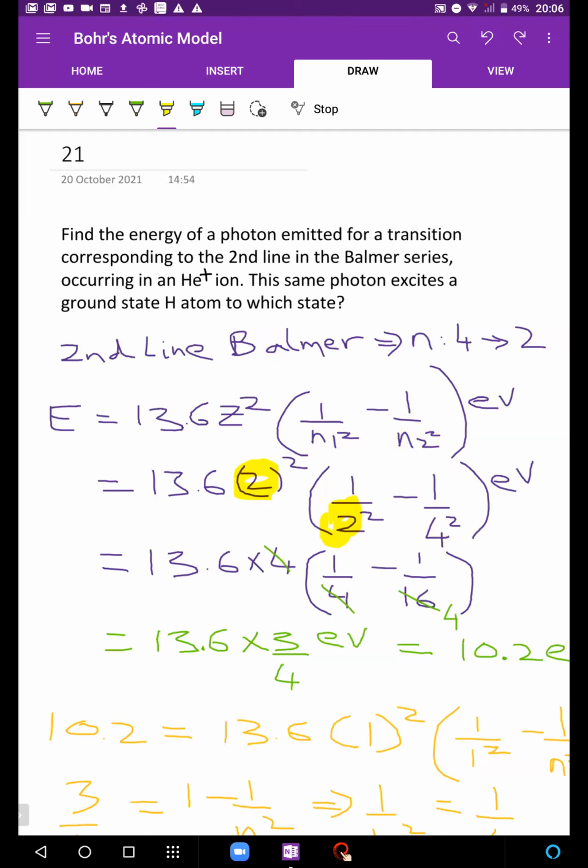So what is this giving me? 13.6, 2 square, 4 into 1 by 2 square, 1 by 4, minus 1 by 4 square, 1 by 16. ऊपर नीचे 4 अगर cancel करोगे, तो you'll get 1 minus 1 by 4. 1 minus 1 by 4 is 3 by 4. Okay? So 13.6 into 3 by 4 is 10.2 electron volts.